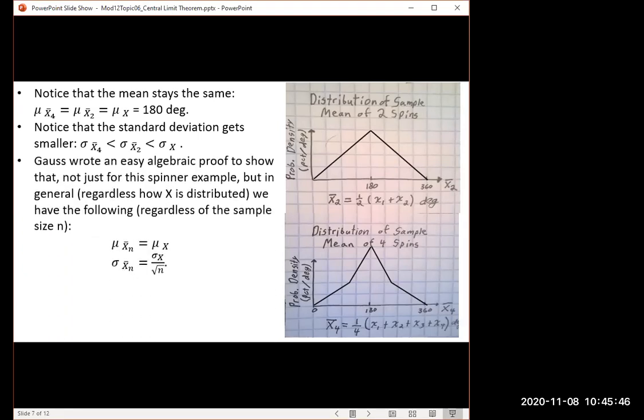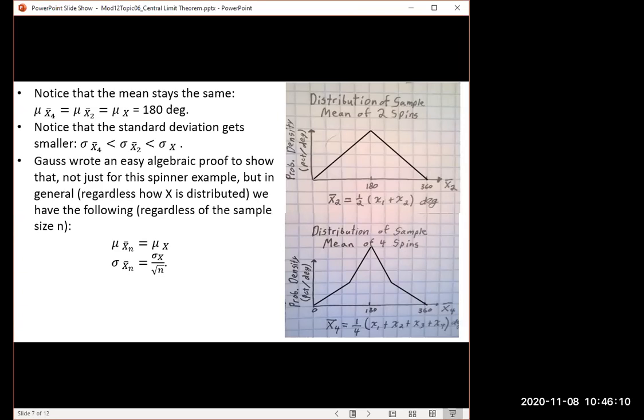And now Gauss wrote an easy algebraic proof, just working with the formulas for the mean and standard deviation to show that what happens to the standard deviation is you divide by the square root of the sample size.